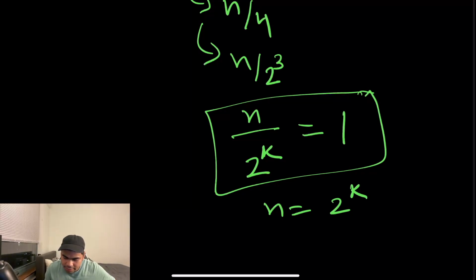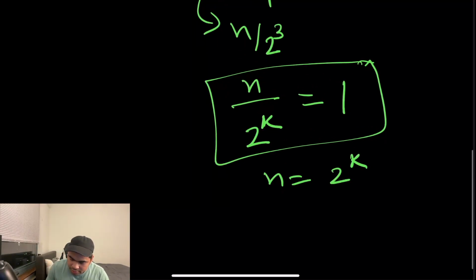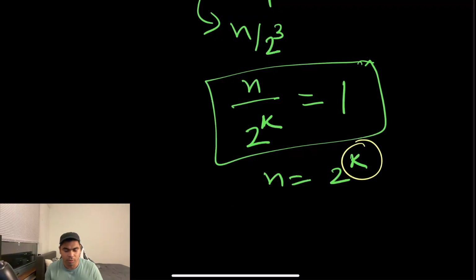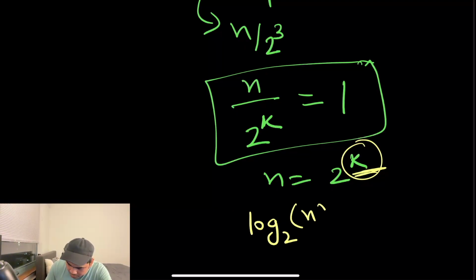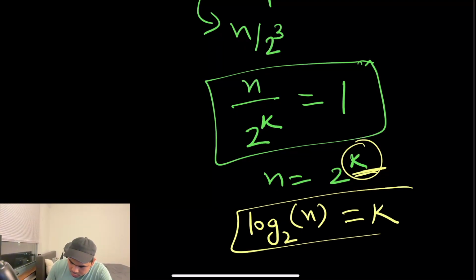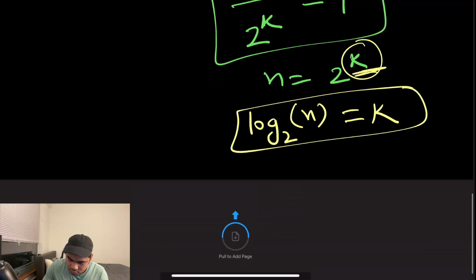Now if we take log on both sides, this k is the time complexity. This is what decides how many times we had to divide that input until we reach our target, or we don't find our target and return -1. So if we take logs on both sides, base 2, it becomes k equals log base 2 of n.